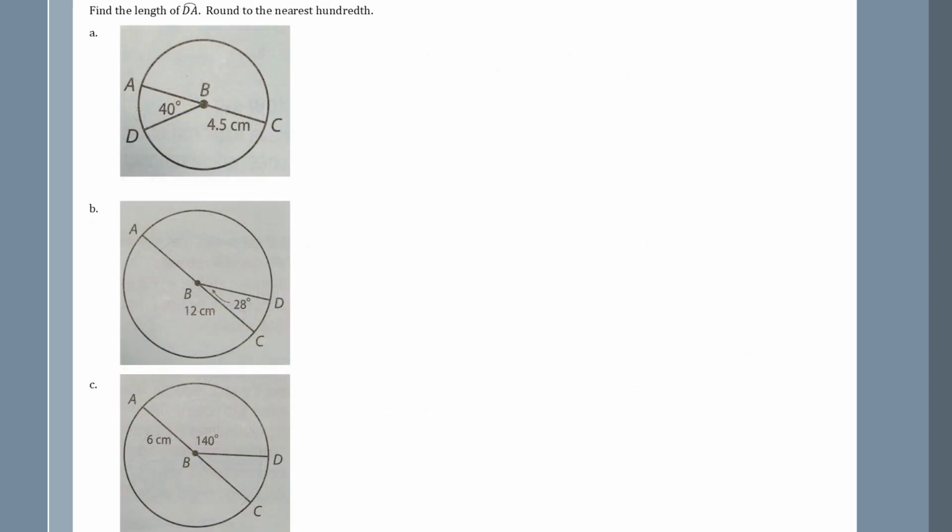Okay, this one here. Find the length of DA. Again, DA is going to equal 40 over 360 times 2 times pi times 4.5. We're going to keep setting this up the same exact way.